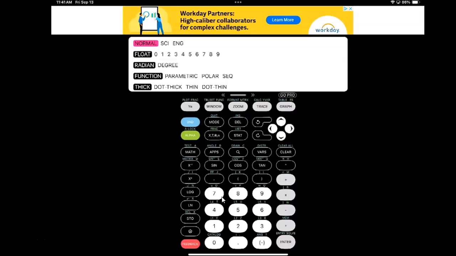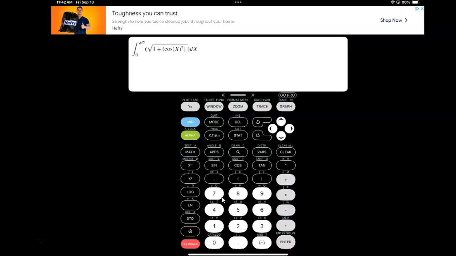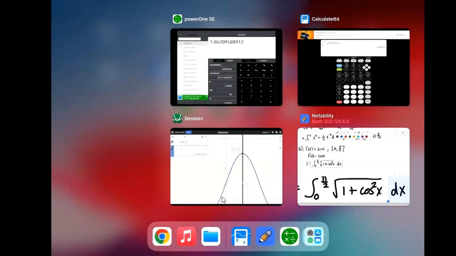I am in radian mode, so that's good. And so now we're ready to approximate this. Square root of 1 plus all that stuff. And so you can see we get an answer of 1.91009888945. I'm just going to approximate that as 1.91.